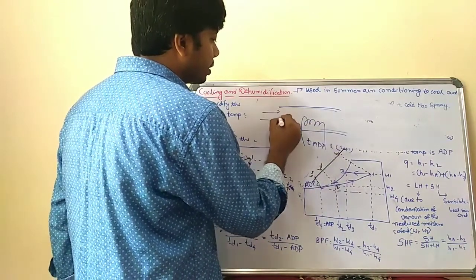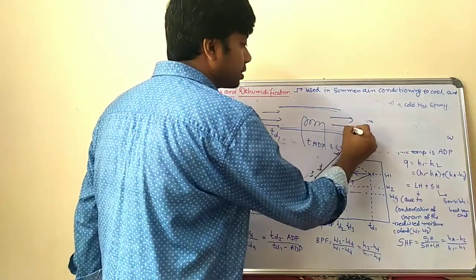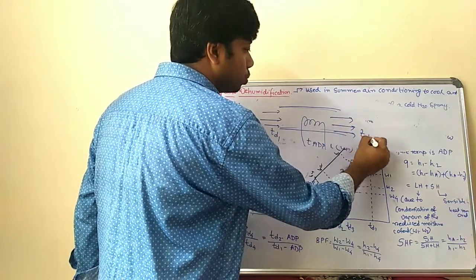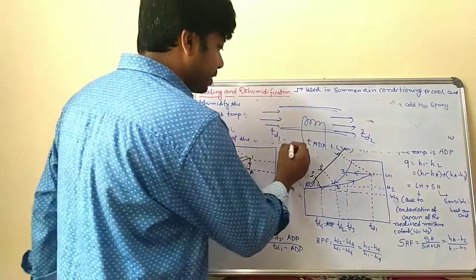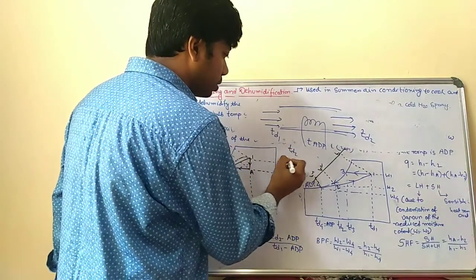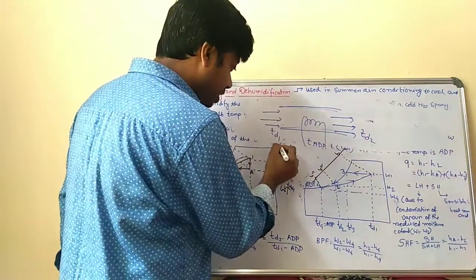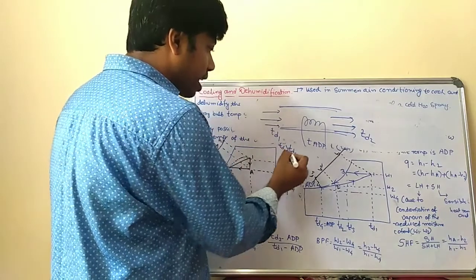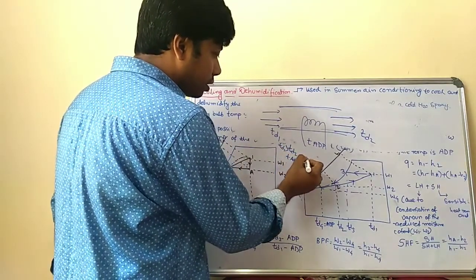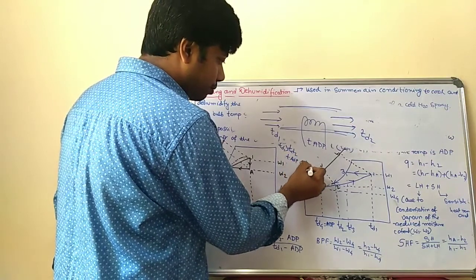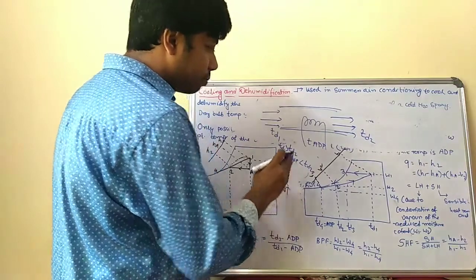When the air enters through this point, that temperature is TD1. When the air exits from this section, that dry bulb temperature is TD2, right? Now what we see is that TD2 is less than TD1, meaning TD1 is greater than TD2, obviously, and TADP is less than TD2. That means TD2 is greater than TADP.